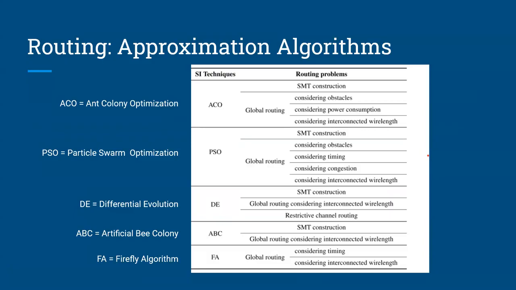The great thing about these algorithms is that they are almost all based on or inspired by nature, so it is easier to understand them. Also, the reason why we are only focusing on PSO is that if you look at this chart, PSO solves the most amount of routing problems.